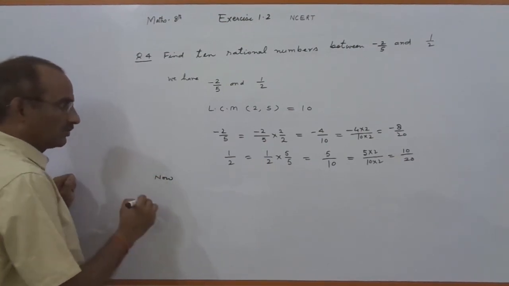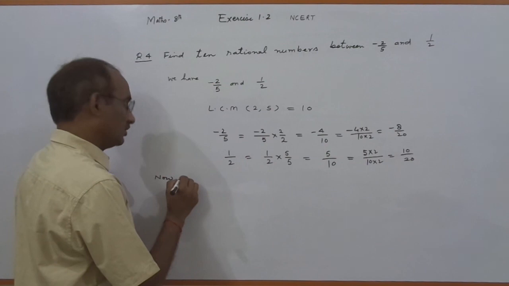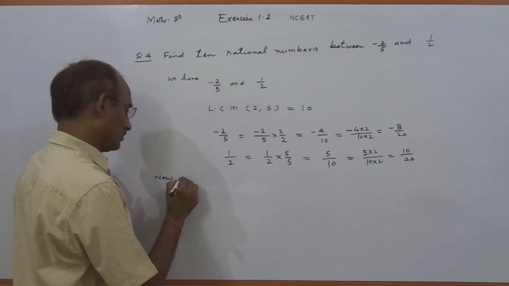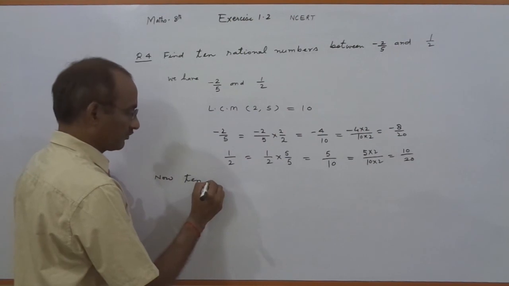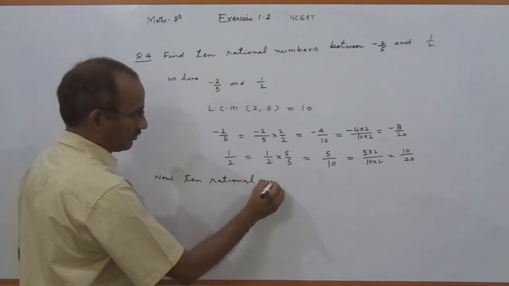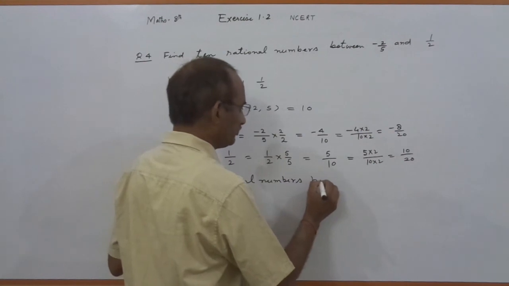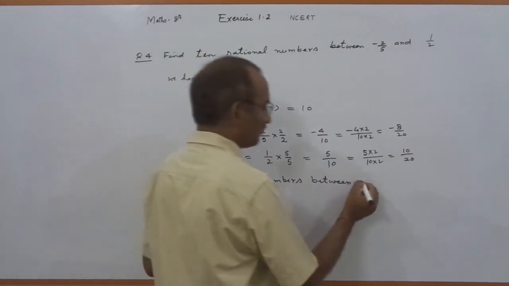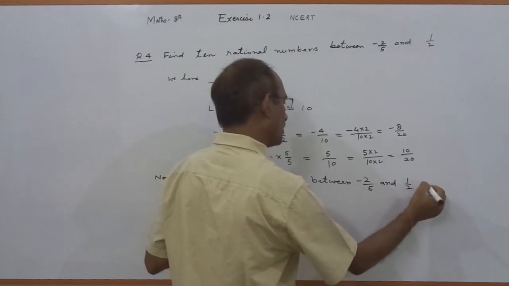Now we can write 10 rational numbers between minus 2 upon 5 and 1 upon 2.